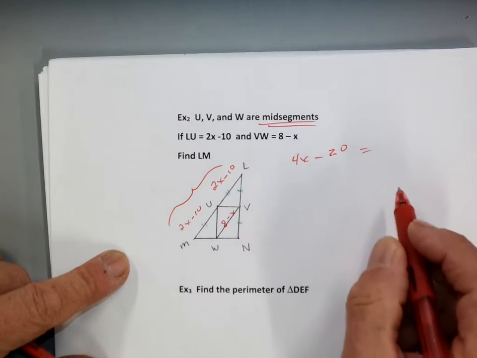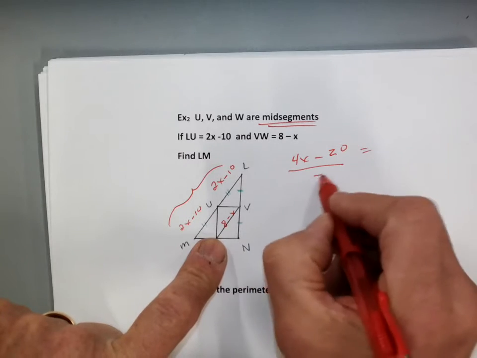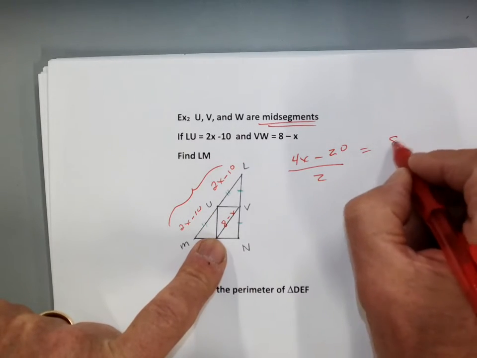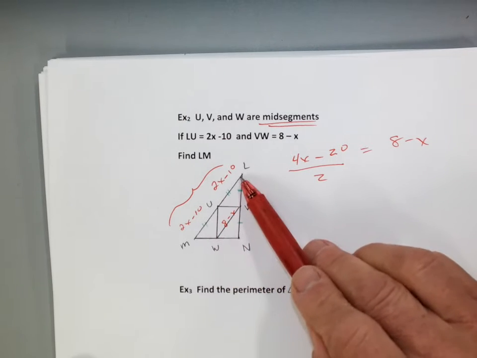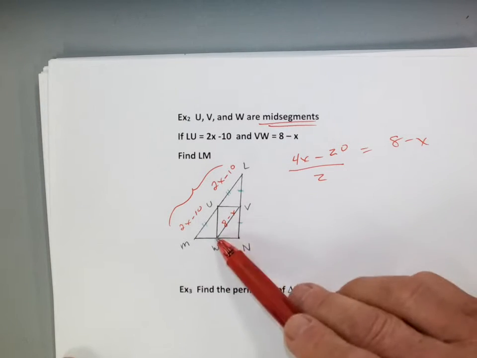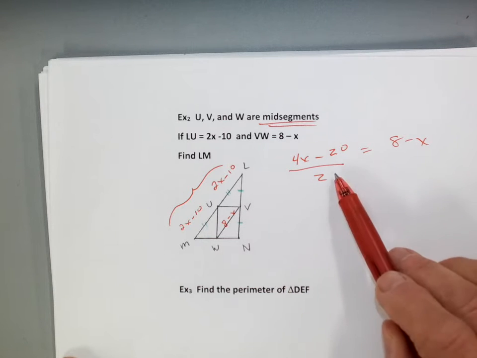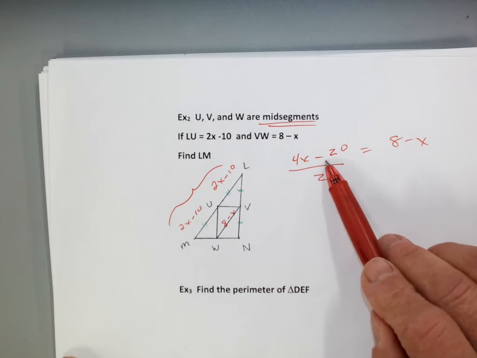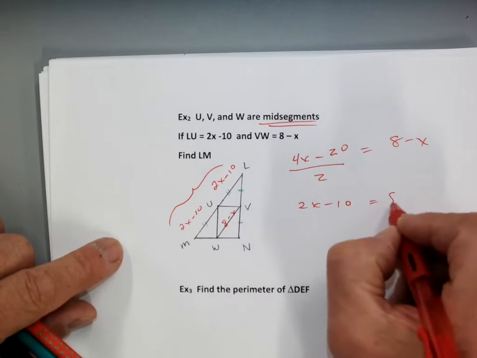And that's equal to, well, it's going to be half of my 8 minus x. Okay, one more time. This length is twice as big as this. So if I take half of this, then they'll be equal. So half of that, I got 2x minus 10 is equal to 8 minus x.